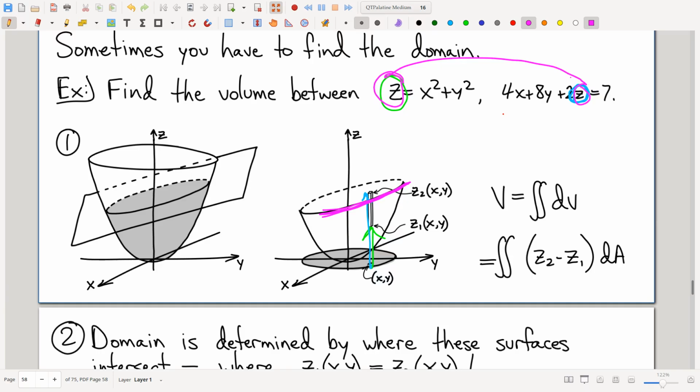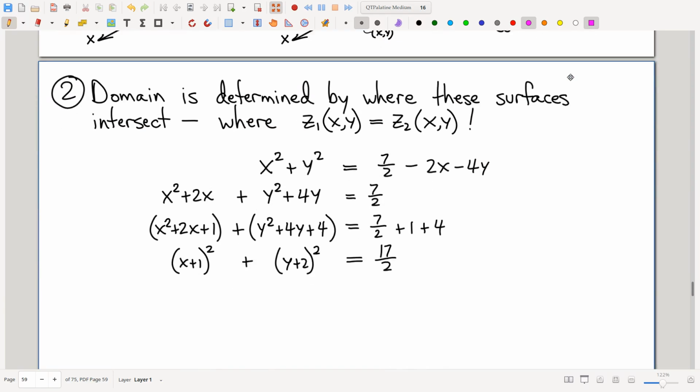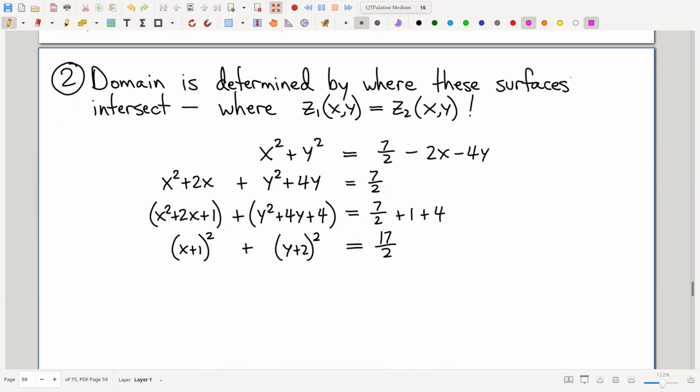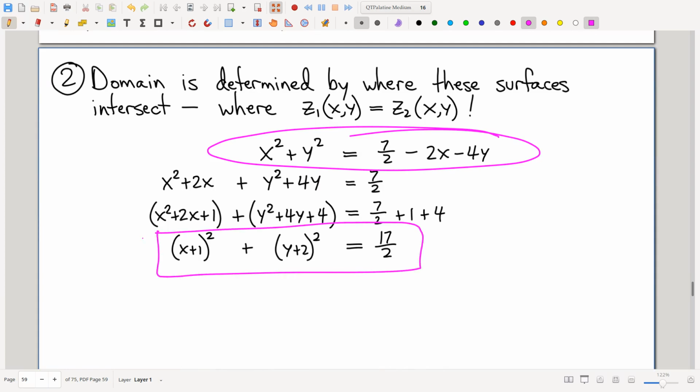Different ways you could do it: you could solve for this z and plug it into there, or take this expression for z and plug it into there. Either way, you get some algebra that you can solve, and that'll give you the equation that you're looking for.